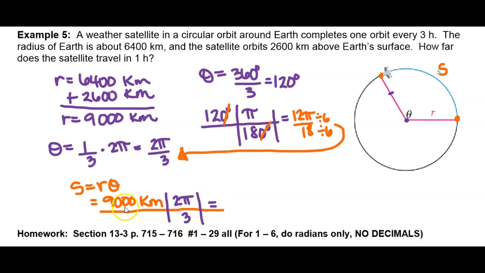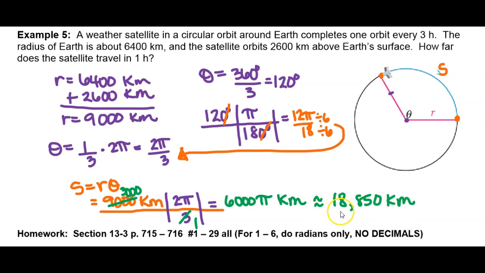We have 9,000 divided by 3. We can reduce that by a factor of 3. So this is going to become 3,000 times 2 pi, which would be 6,000 pi kilometers, which is approximately 18,850 kilometers. That would be the distance that the satellite travels.